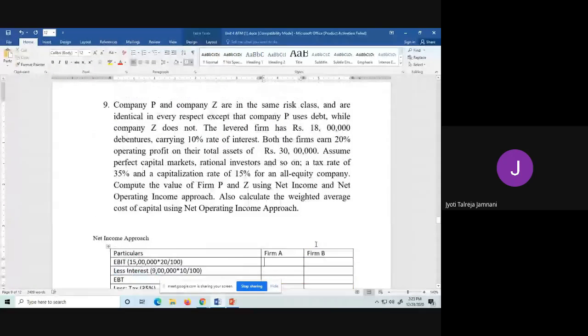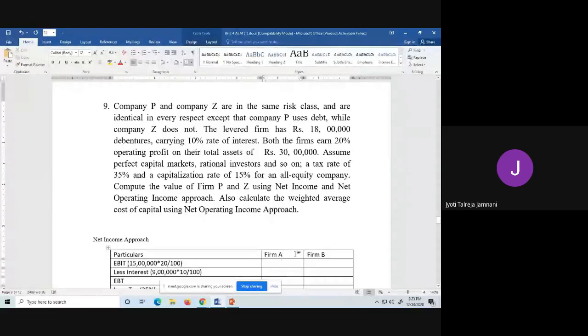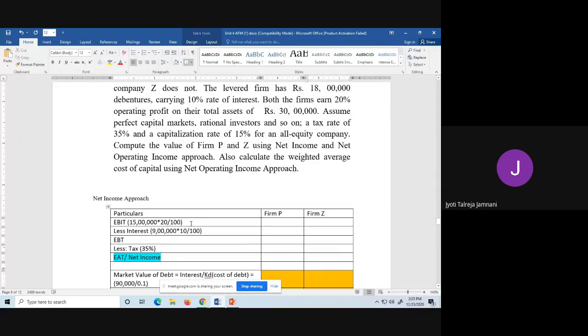There are two firms, firm P and firm Z. So first we'll take the EBIT.